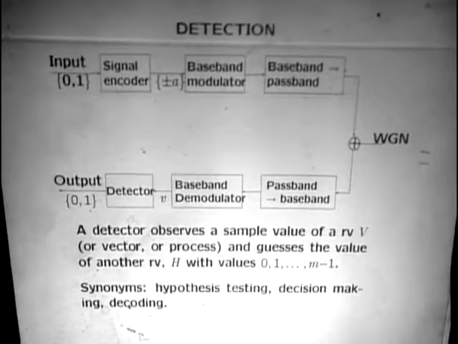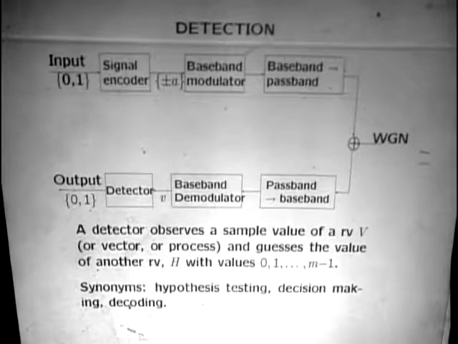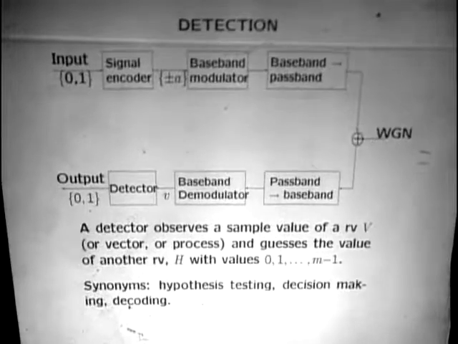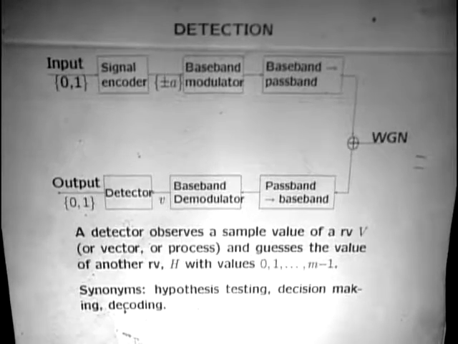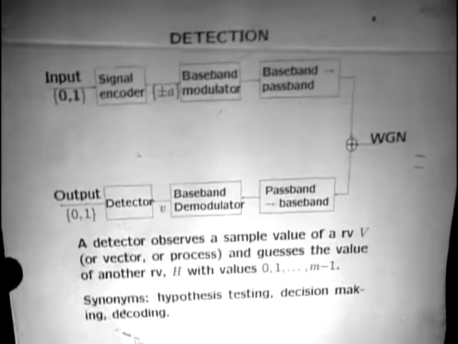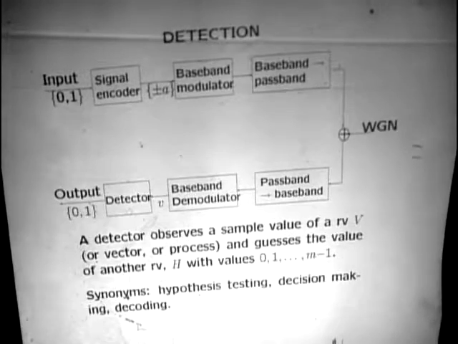And on the basis of this observation, you take first the hypothesis 0, and you say, is this a reasonable hypothesis? Then you look at the hypothesis 1, say, is this a reasonable hypothesis? And then you guess whether you think 0 is more likely or 1 is more likely, given this observation that you have. So what the detector has at this point is a full statistical characterization of the entire problem.